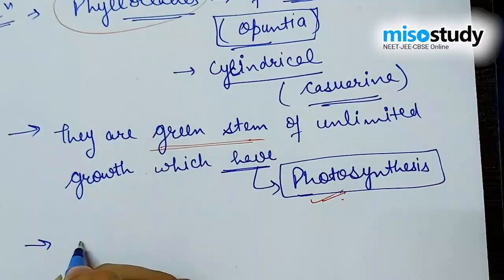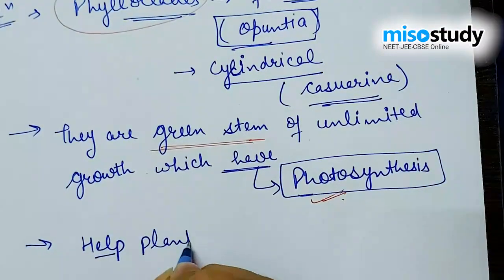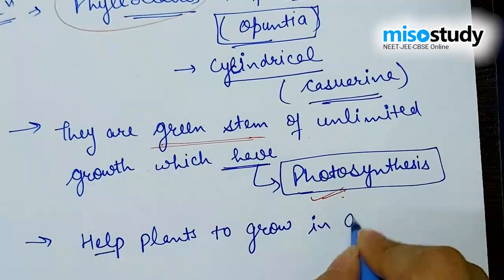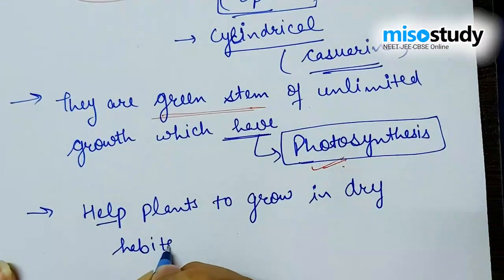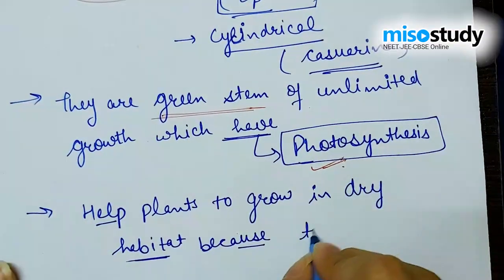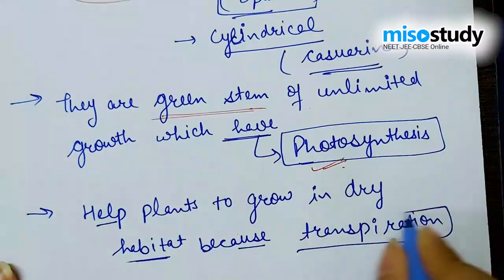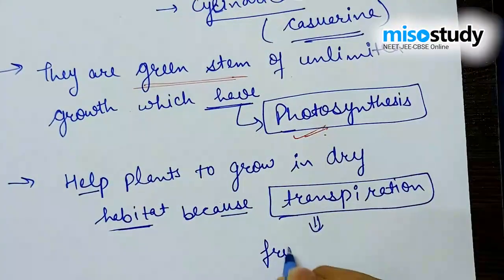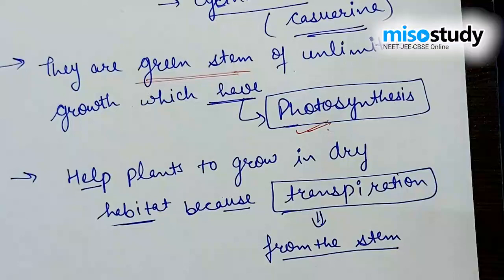The formation of phylloclades helps plants grow in dry habitats, because the rate of transpiration from the stem is little compared to the transpiration rate from the leaves.